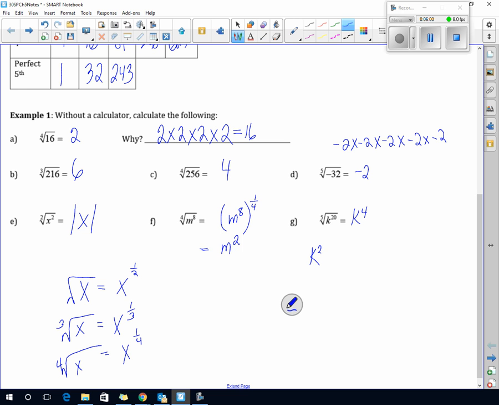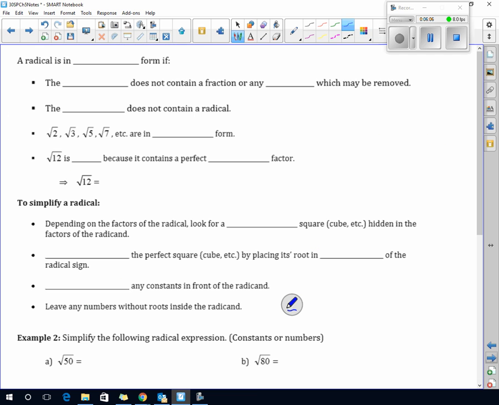A radical is in simplest form if the radicand does not contain a fraction or any factor that can be removed.